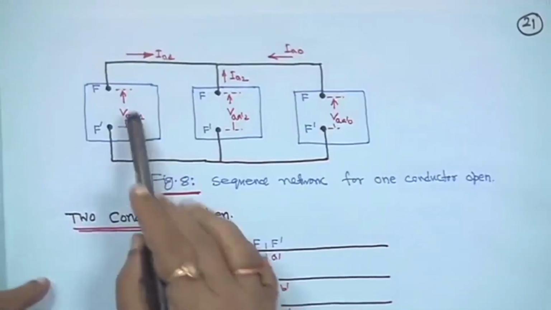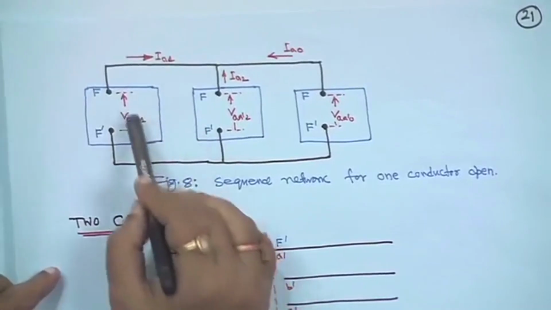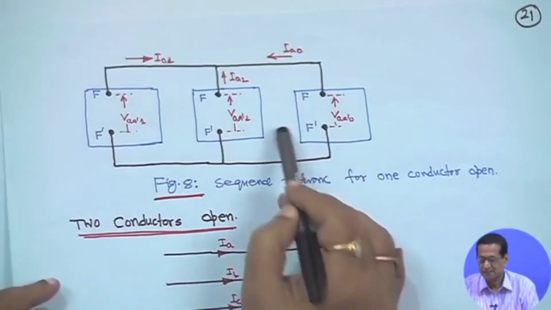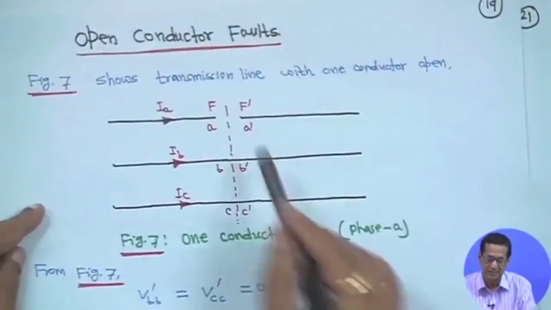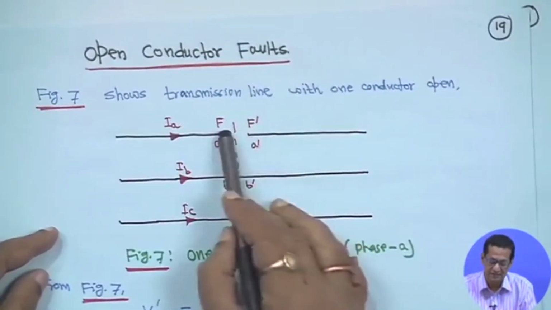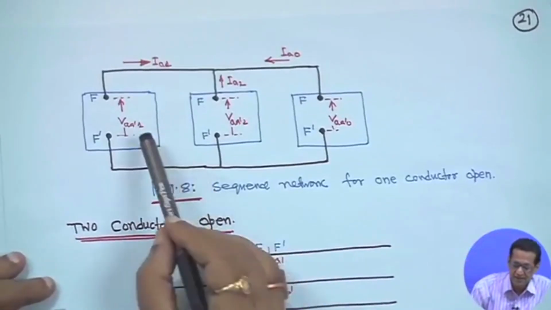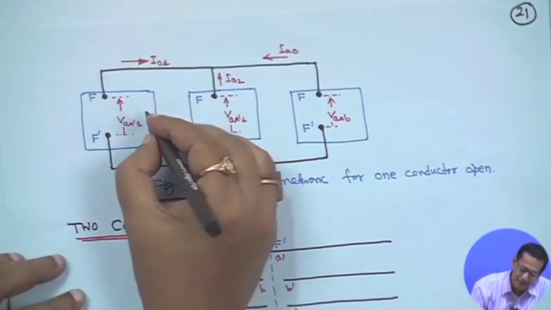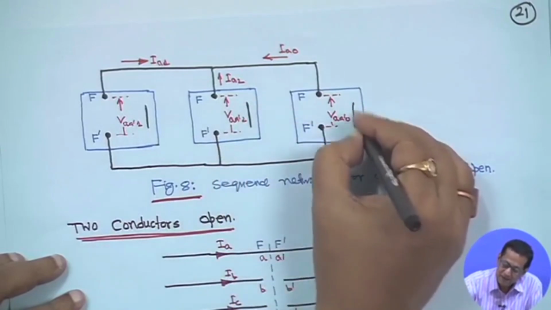Here, because only the conductor is open, this is A F dash, for phase A. Why are we making A F dash? Because the phase A conductor is open, for the positive, negative and zero sequences, that is why F dash. If you want, you can make a line like this, the conductor open at F dash, and here also.